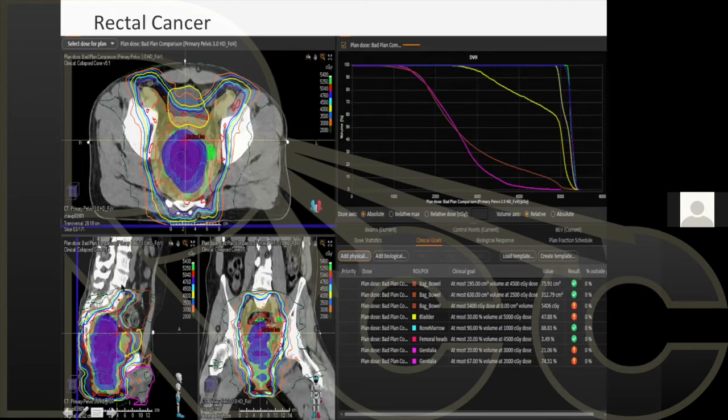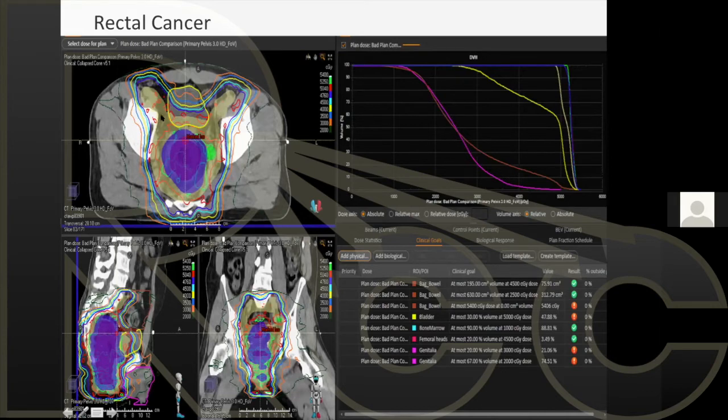So let's look at this case, and you're going to look at your small bowel, your femoral heads, and your bladder. But the other thing you want to do is make sure that you're covering your disease. When I look at plans, I look at them multiple ways. First I look at the axial.